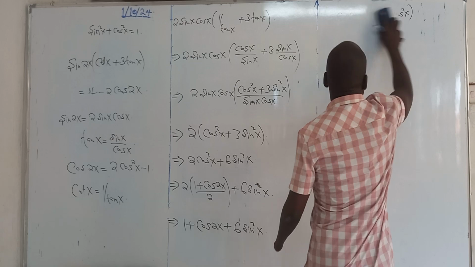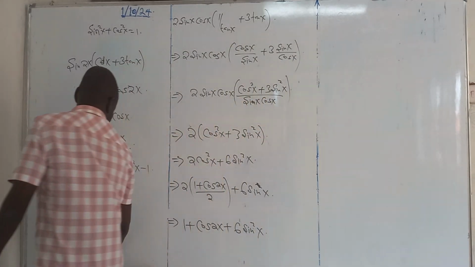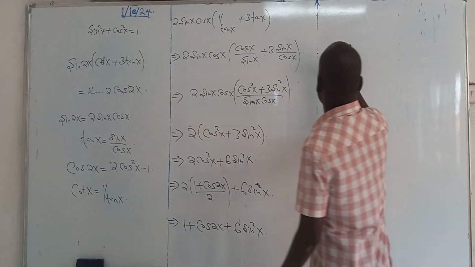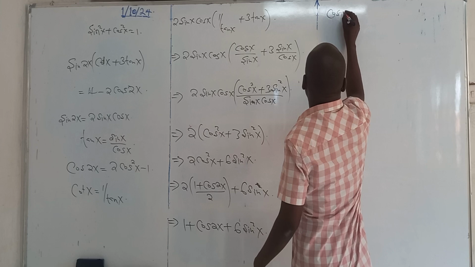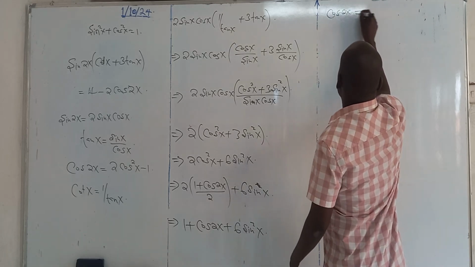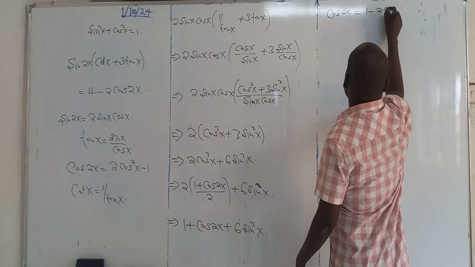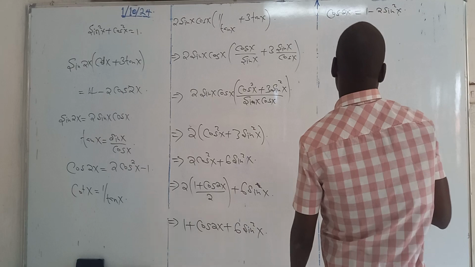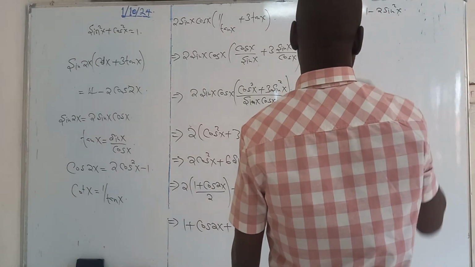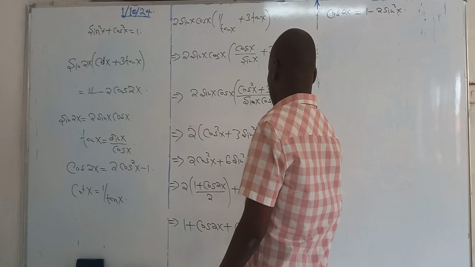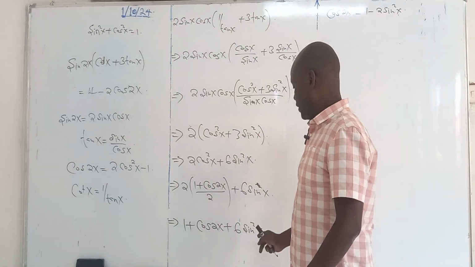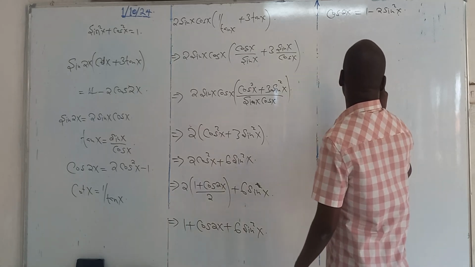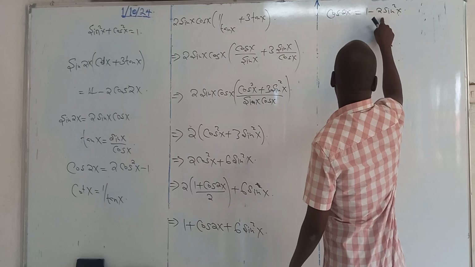We remember the identity that cos 2x is also equal to 1 minus 2 sine squared x. And so if that's the case, and we would want to rewrite this particular part in that form, then we'll make this the subject.